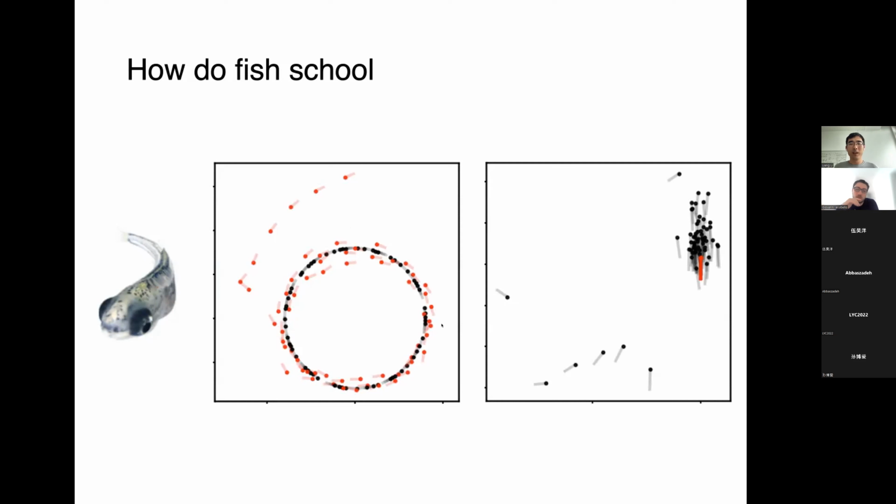Then you observe the real fish, denoted by the red dots here, and she is also doing circling behavior. If you look at the relative position between the real fish and the virtual fish, you see most of the time the real fish is following the virtual fish.